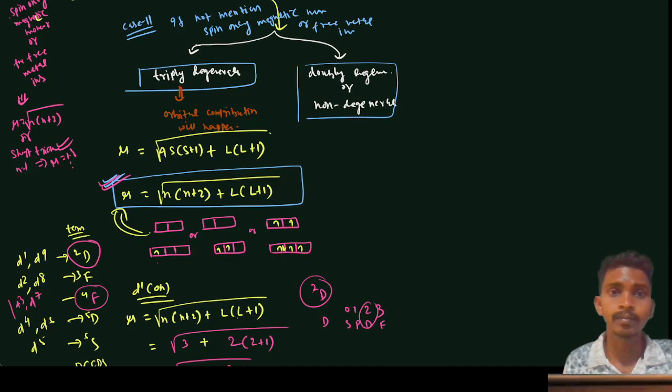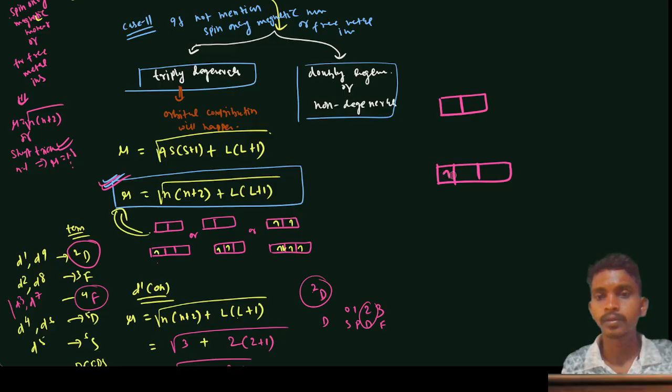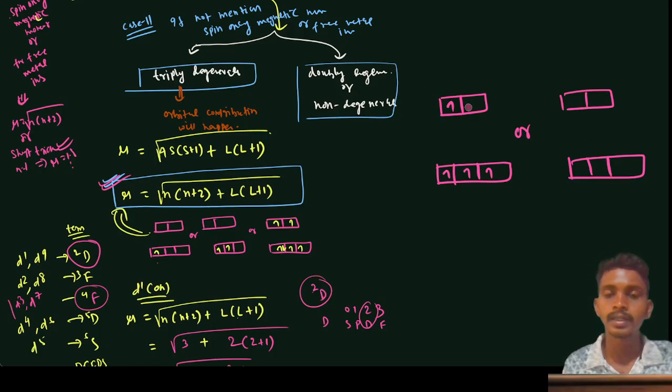If it is doubly degenerate, it means this type of thing will be there, with electrons like this, 1 2 3 4. Doubly degenerate means the degenerate state will be here.